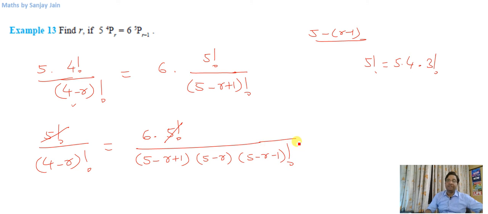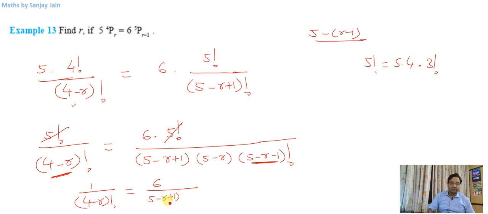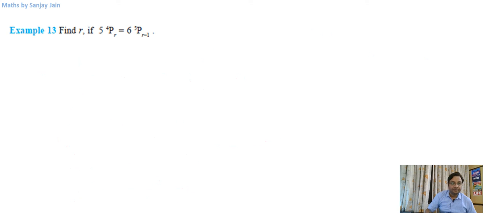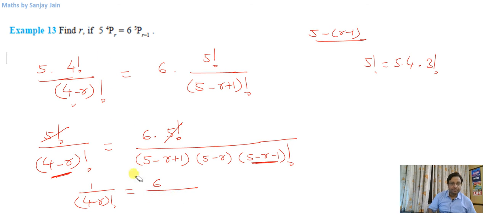Why have I written it like that? Let me just show you. Look at this, 4 minus r factorial, and look at this factorial here. This is also 4 minus r factorial. So this is going to be 1 by 4 minus r factorial equals 6 by 5 minus r plus 1, that is 6 minus r, 6 minus r into 5 minus r into 4 minus r factorial, right?